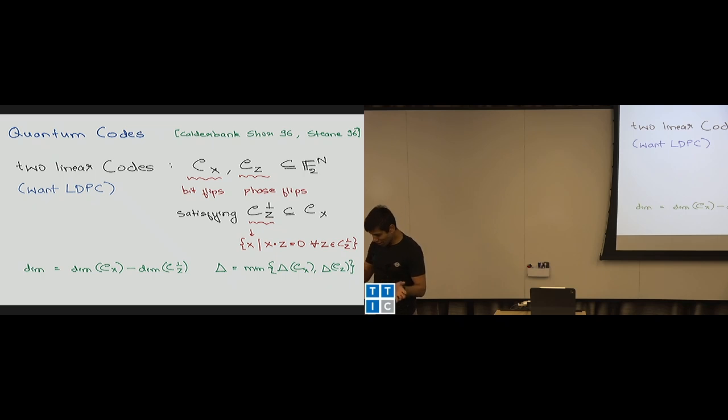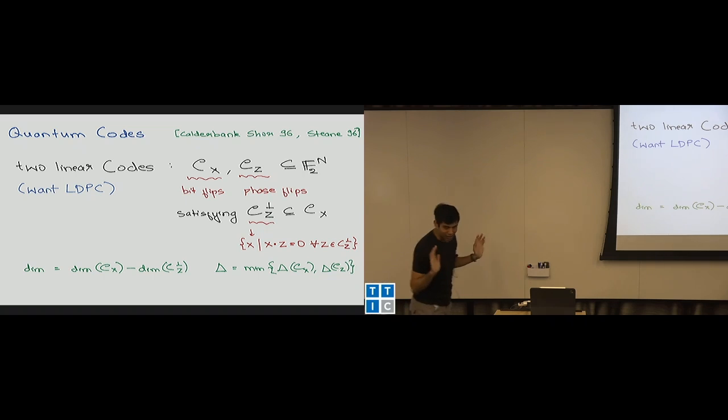A quantum message is basically some code word which is uniform on some subspace. When you do a Fourier transform, Cz perp lies inside Cx, and then you can use Cx, which is just a classical code, to correct bit flip errors, but because we did a Fourier transform, that's also good enough to correct phase flip errors.